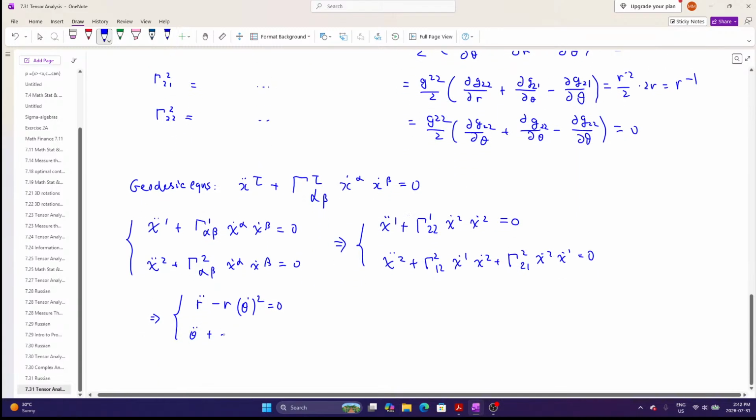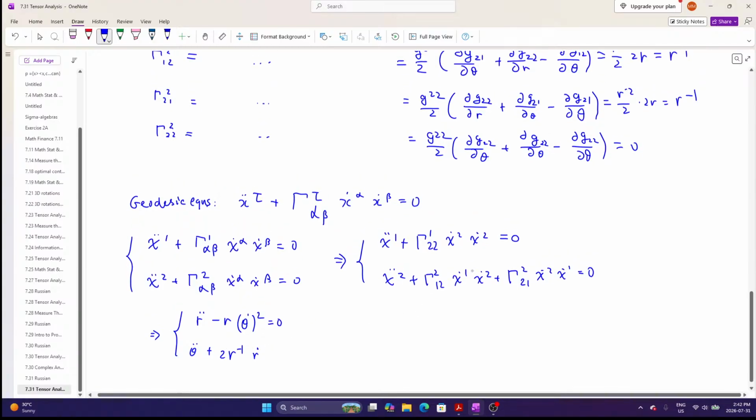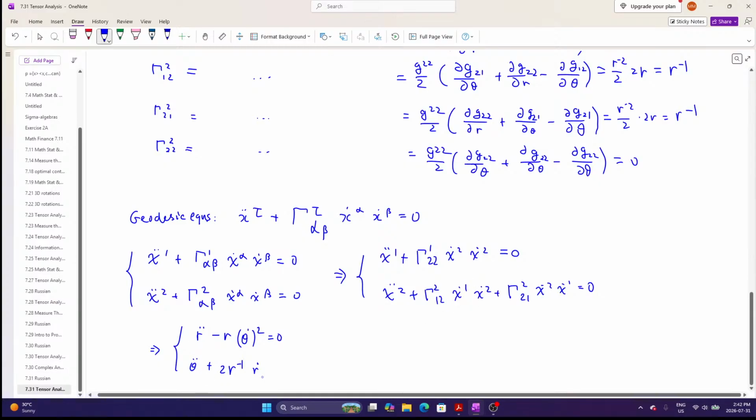So it's 2 times r to the minus 1 times r dot, times theta dot equals 0. So that should be it, right? This should be the geodesic equation.